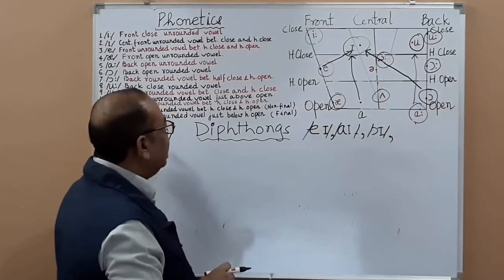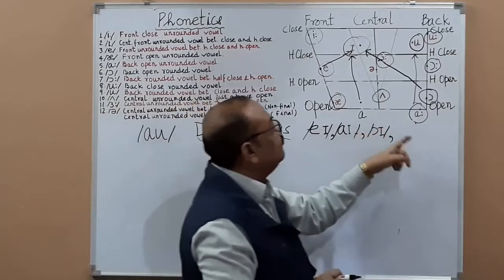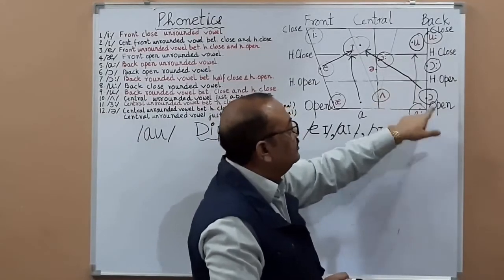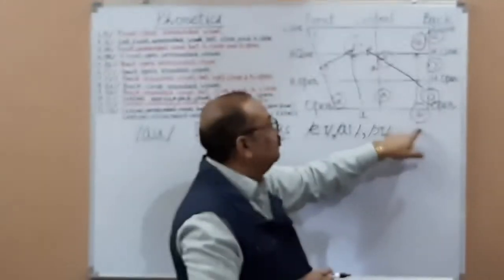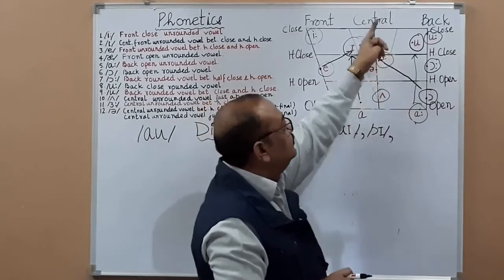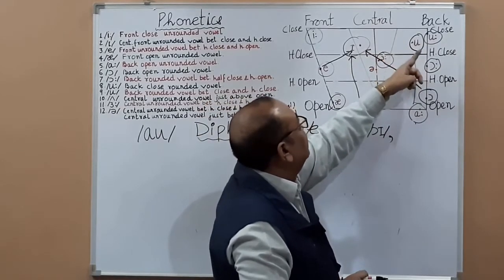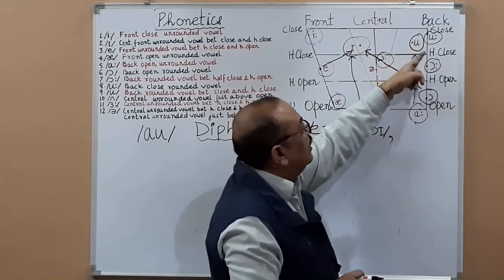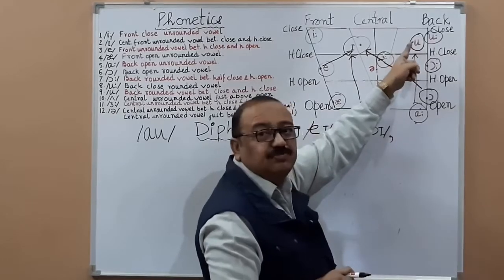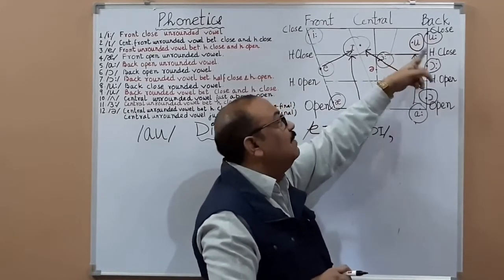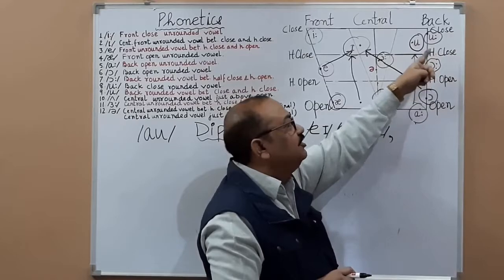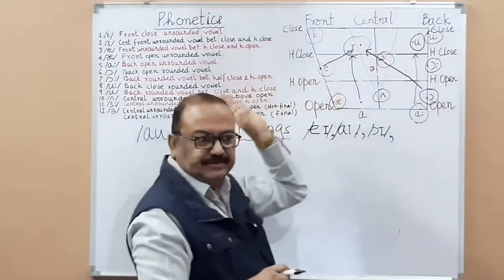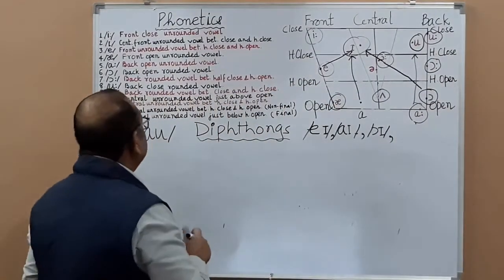As I said, A is a glide from back open unrounded vowel to back rounded vowel U, back rounded vowel between close and half close position. Let us take the words.